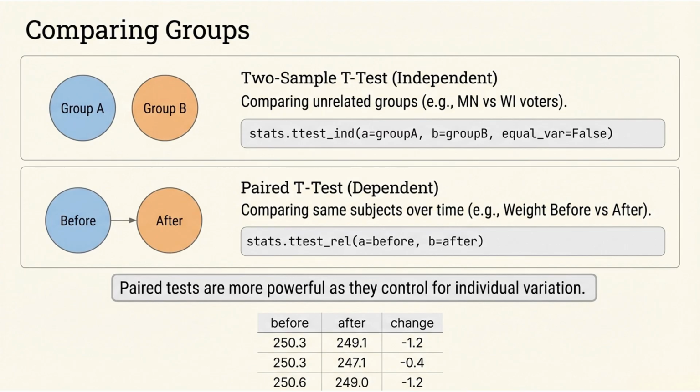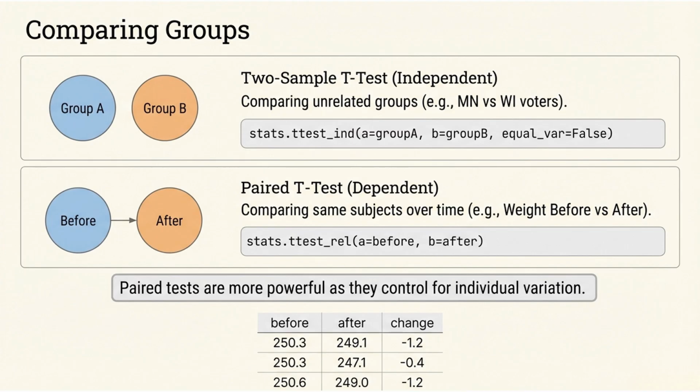Here, each group consists of different individuals. The Python function ttest_ind is used for this purpose. Setting equal_var equal to False makes the test more robust when variances are unequal.